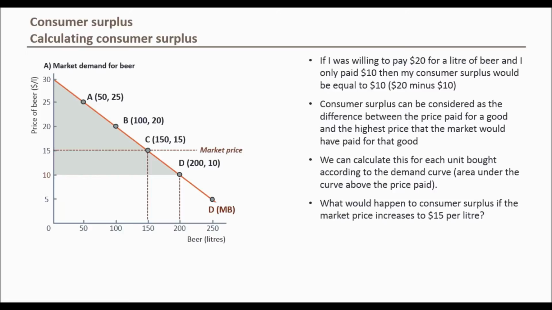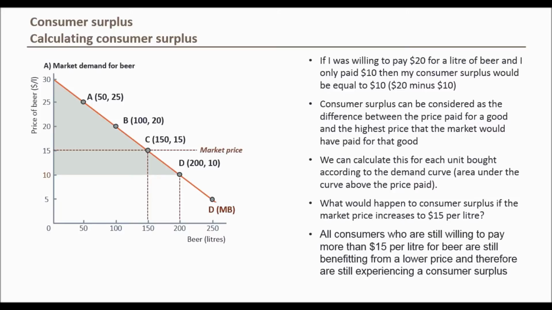But all consumers who are still willing to pay more than $15 per liter for beer are still benefiting from a lower price and therefore are still experiencing a consumer surplus. So again, all we need to do is calculate the new consumer surplus by calculating the area under the demand curve and above the market price level.